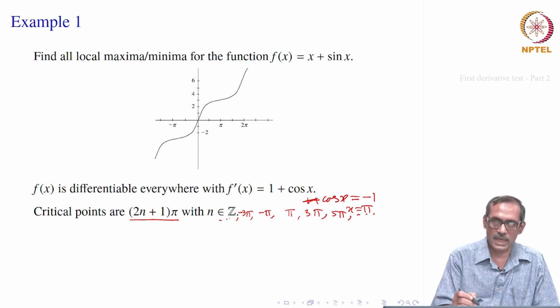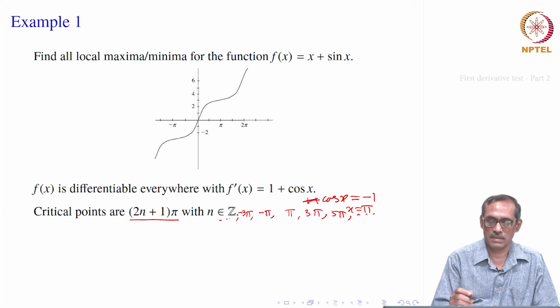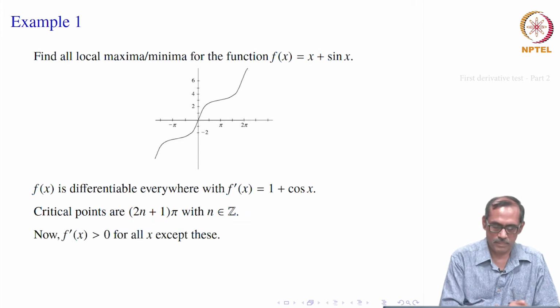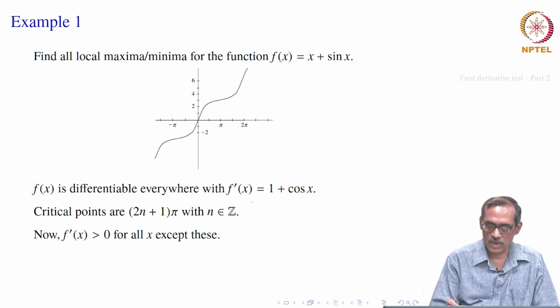So, all these points are the critical points. Now, at these critical points we must find out whether there is a maxima or minima or something. So, you have to look for the change of sign in f prime. Now, what happens for f prime? If you take f prime at any of these points, that is 0.